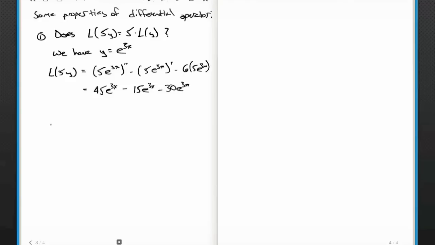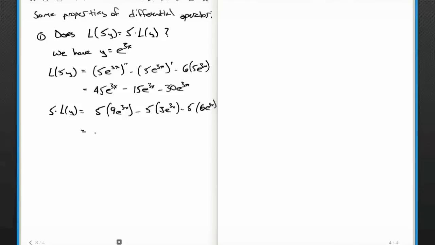Whereas if we did it the other way, 5 times L of y equals 5 times the second derivative, which is 9e to the 3x, minus 5 times the first derivative, which is 3e to the 3x, minus 5 times 6 times the original function.